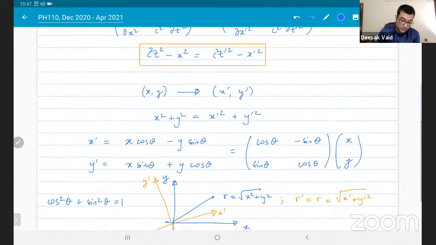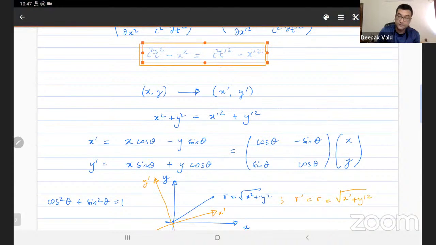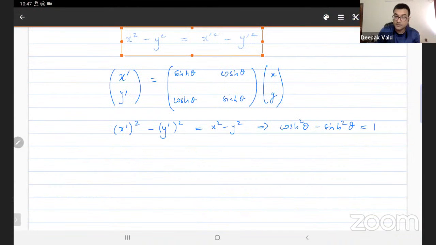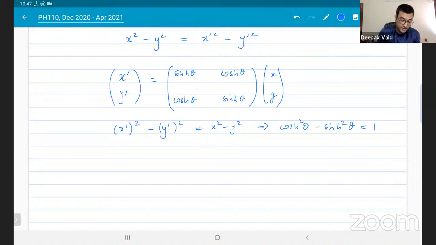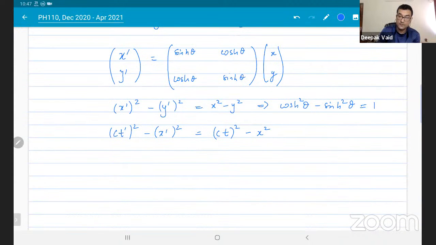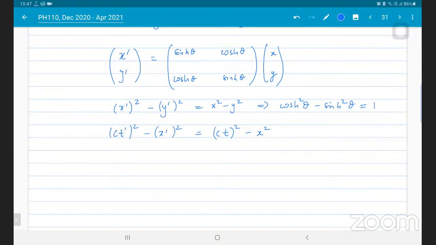Now, this expression is exactly the same as this, right? So instead of writing x and y and x prime and y prime, I can also write ct prime squared minus x prime squared and ct squared minus x squared, right?